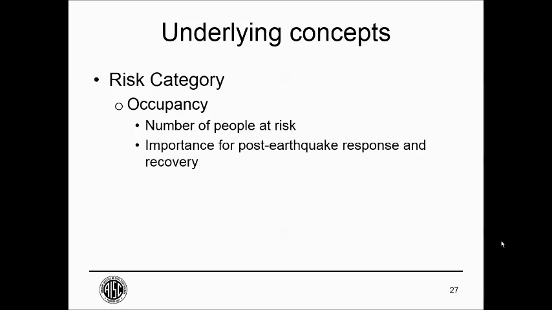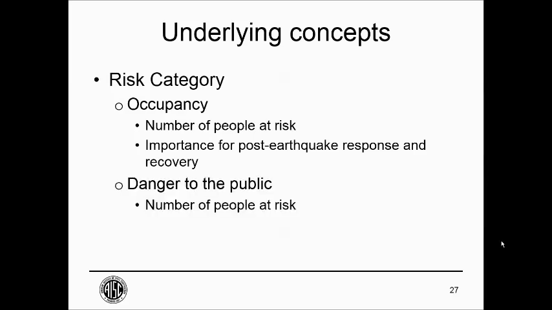It tells us the number of people who are at risk, so how many people are in the structure. Might be an assembly building, it might be a building with a lot of occupants. It might be an important structure for post-earthquake response. All of these things push the structure into a higher risk category, meaning that we tolerate less damage in a seismic event. Also pushing us to higher risk categories is danger to the public.